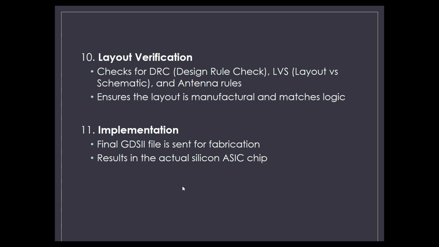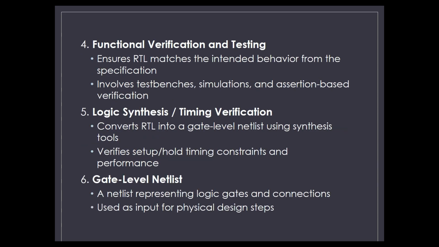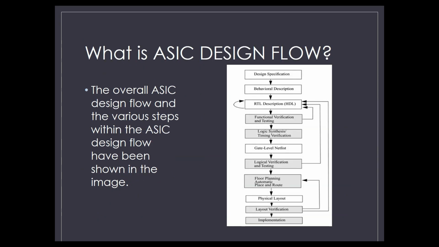Now, you all must be wondering, why are there so many layers of verification for this ASIC chip? In this design, you can also see there are some back arrows. They trace back to the RTL description or HDL level. This is because whenever a chip goes for implementation or fabrication, which is the last step, the chip needs to be bug free. You may ask why?